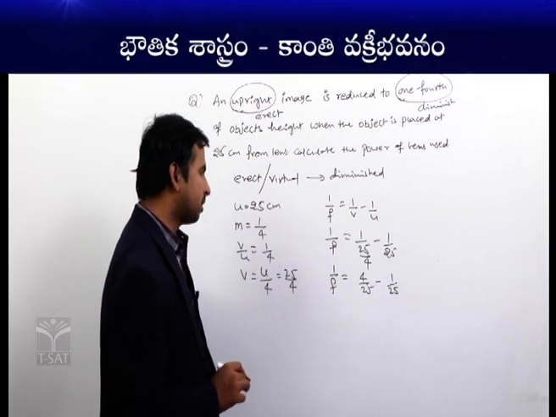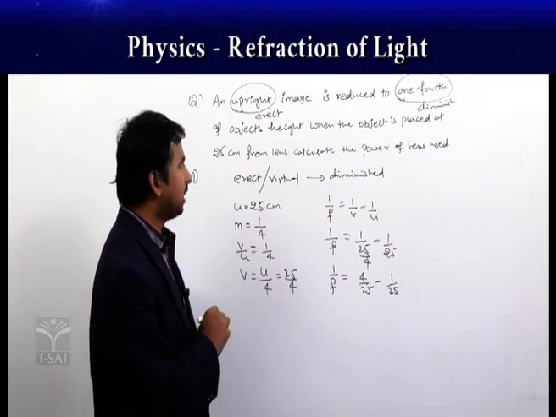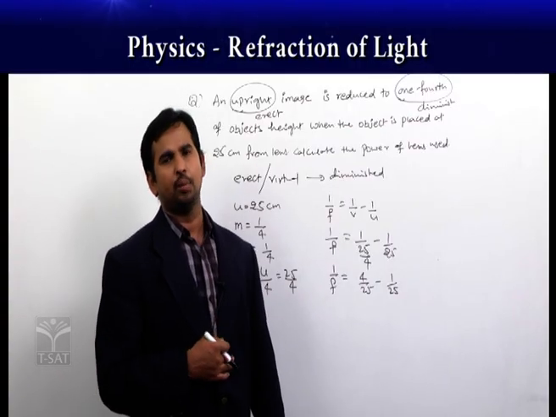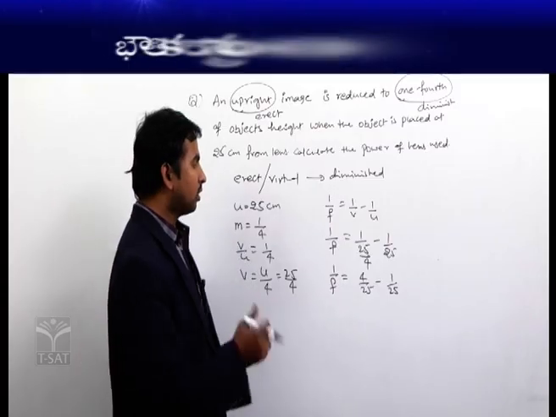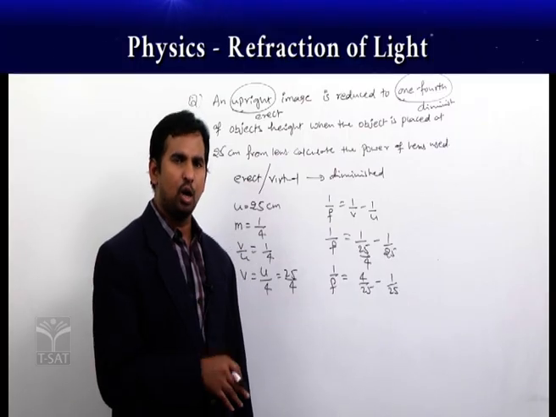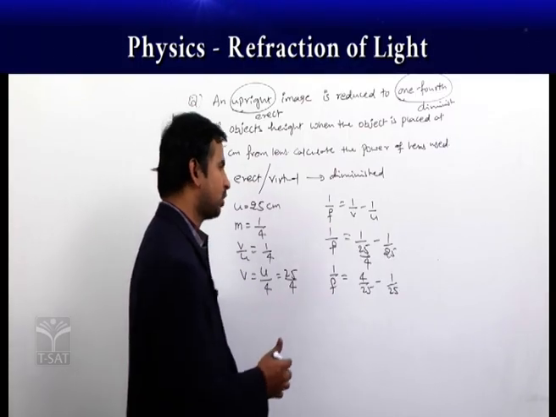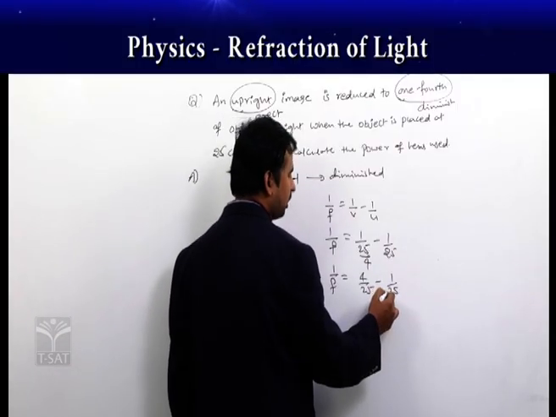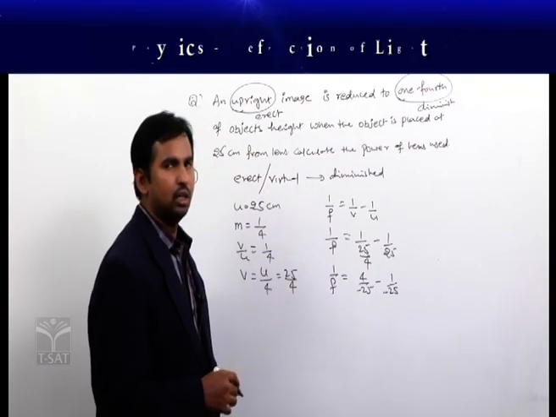Then if you apply the sign convention here, as it is given that it is forming an erect or upright image, erect images are formed on the same side of the lens. So as the object and the image are on the same side of the lens, both have the same sign. So for the object distance it is minus, and for the image distance also it is taken as minus.